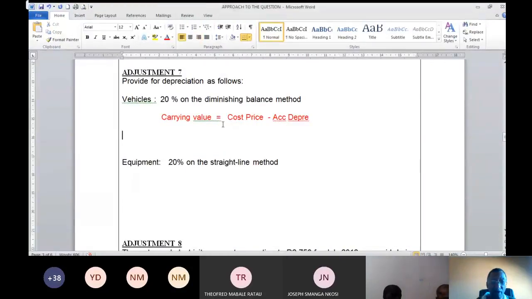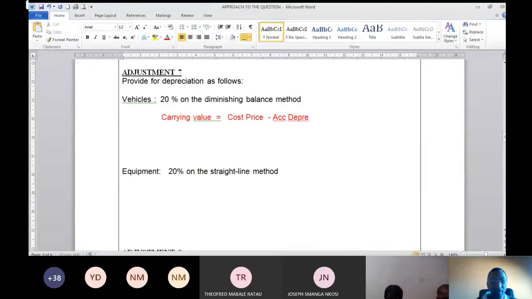The cost price of our vehicle is equal to 145,000 Rand, minus accumulated depreciation on vehicles, which is 29,000 Rand.